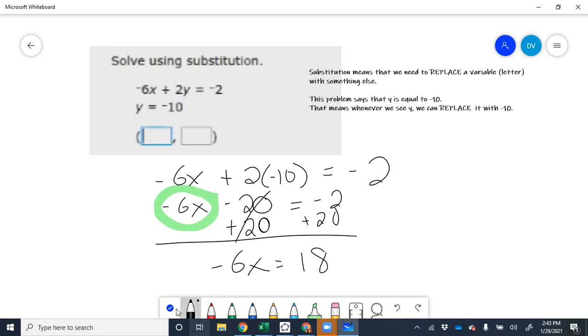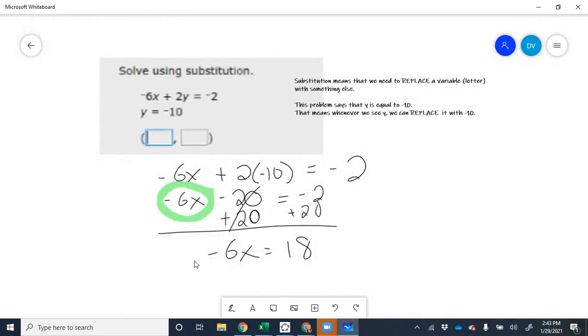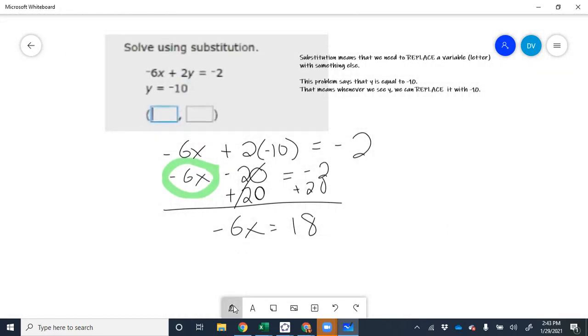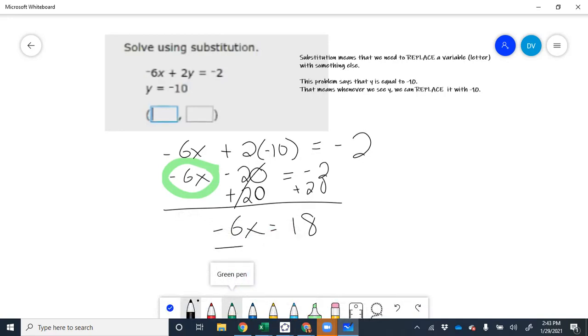And now I want you to tell me what do we have to do to get that x by itself? What do we have to divide by? No, we have to divide by whatever they multiplied by. They multiplied by a negative 6, so we have to divide by negative 6. Okay? And when we do that, these two negative 6 can simplify.